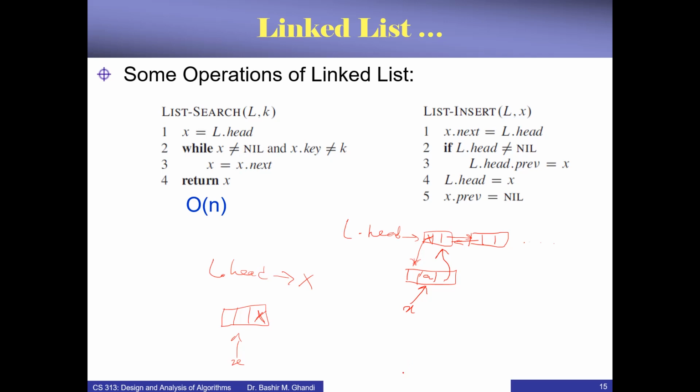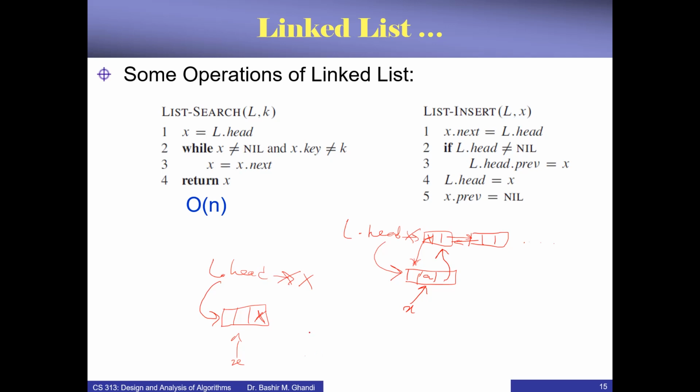Statement number 4 says L.head becomes x in both scenarios. So L.head is no longer going to be here, it's going to go to the same location as x. Same thing here, it's no longer going to be nil, it's going to be pointing to x.